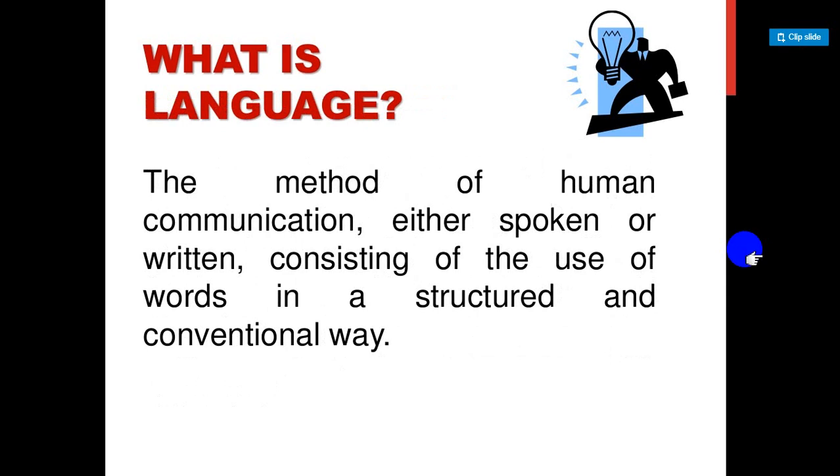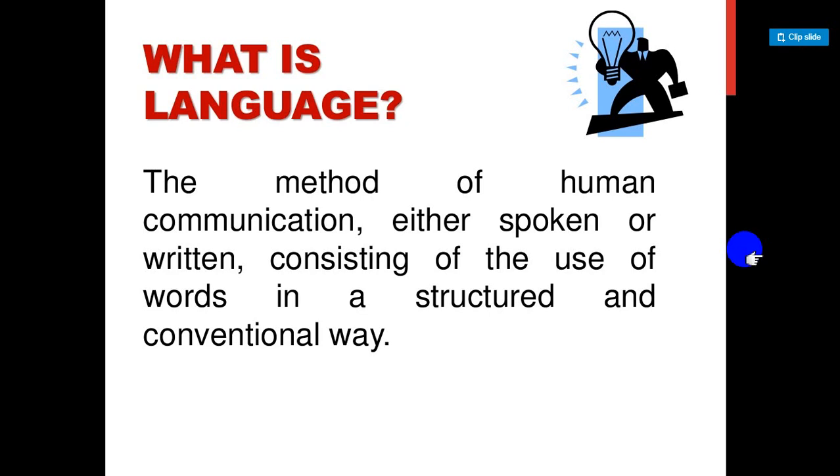Okay, so right now go directly to the language. What is language? Okay, just read the definition. The method of human communication, either spoken or written, consisting of the use of words in a structured and conventional way. Yes. So language is the method of human communication.